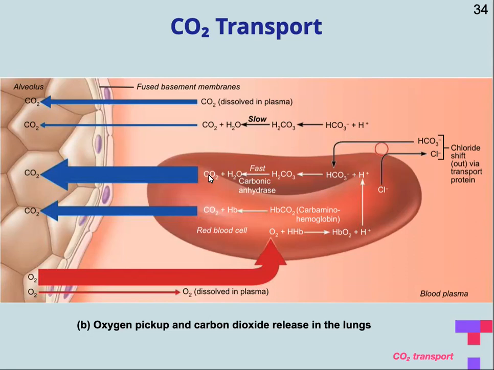Okay, and now that we have CO2 and H2O formed, the CO2 can then diffuse out, and with the CO2 partial pressure lower in the alveoli, the CO2 in blood will then readily diffuse across the respiratory membrane into the alveoli, and then you breathe out the CO2.